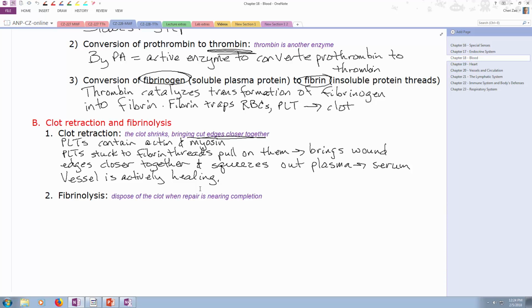Before I forget, serum. You may have heard of the word serum, and we've already talked about plasma. Serum is plasma minus clotting factors. So we are using up all of our clotting factors locally in this clot, and so when we squeeze the fluid out, we no longer have clotting factors.